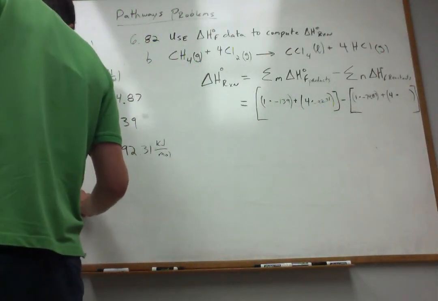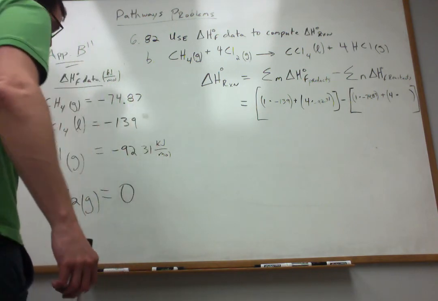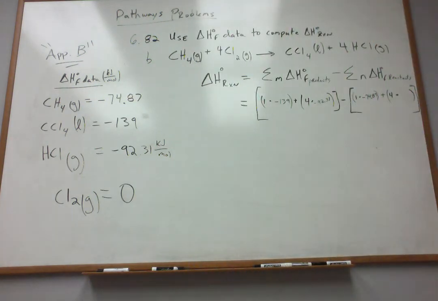Chlorine gas, that is Cl2 gas. Of course, I purposely did this. This is chlorine gas in its native natural state, its standard state. As a result, it gets a value of big fat 0 for its enthalpy of formation, just by definition. That makes things a little bit simpler because that number just goes away over there on the right.